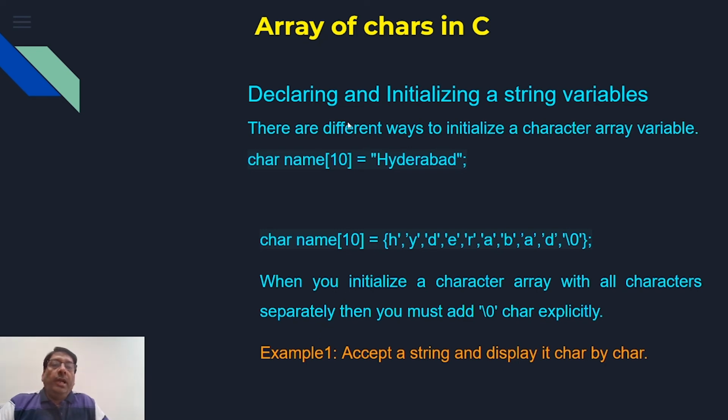How do we declare it? How do we initialize and so on? As we said, when you write character name of 10 and initialize Hyderabad, it will be stored as Hyderabad along with the null character. When you initialize a character array with all the characters separately, you must add the null character explicitly.